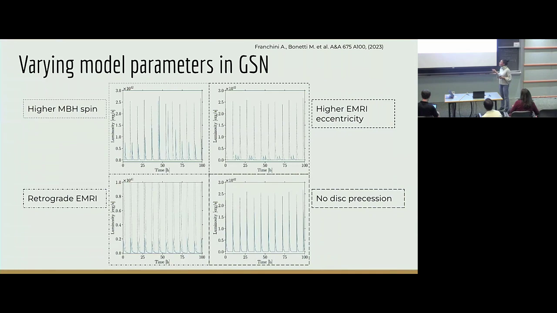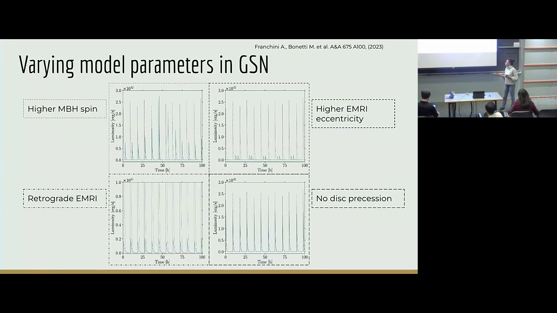If you increase the black hole spin, you change the timescale of recurrence, so you change the timing properties along with the amplitude of the QPs. If you increase the eccentricity, you produce behaviors that are more similar to RxJ. So this suggests that we use a higher eccentricity to reproduce RxJ. This is another important hint of the orbital parameters that we can constrain.